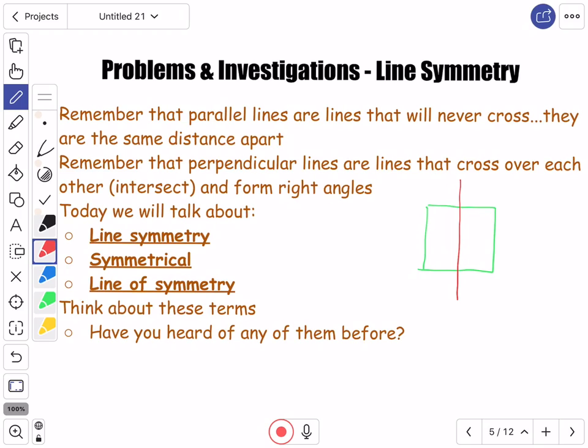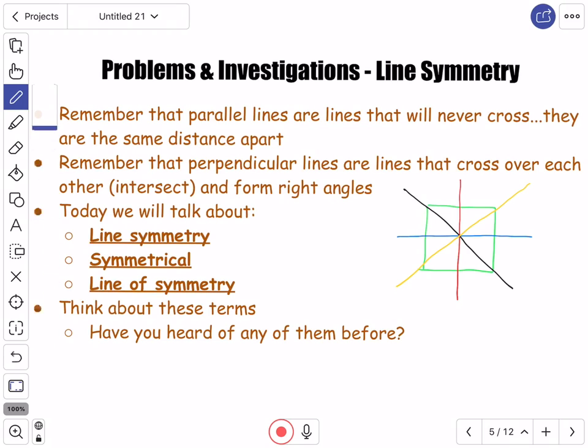You may remember that if you have a shape like this, a square, a line of symmetry would be when I can take that shape and I can simply cut it in half. So you can see that if I were to fold it, it's going to fold over each other, okay? This shape, however, since it's a square, not only has 1 line of symmetry, it has a second line of symmetry right there.